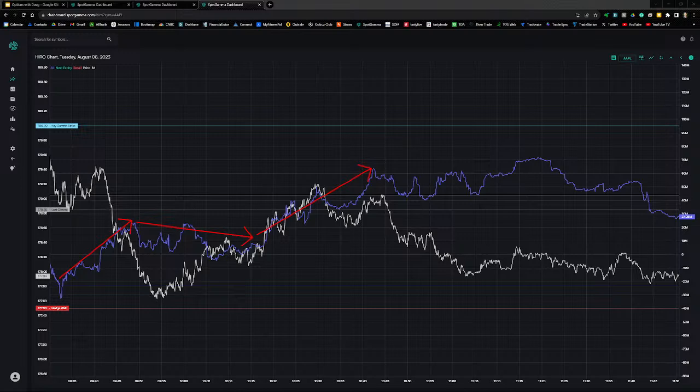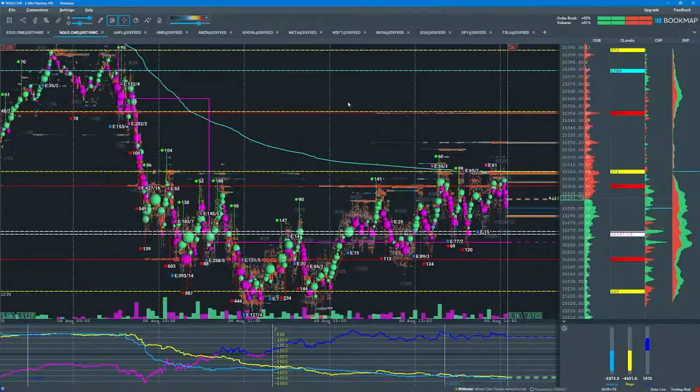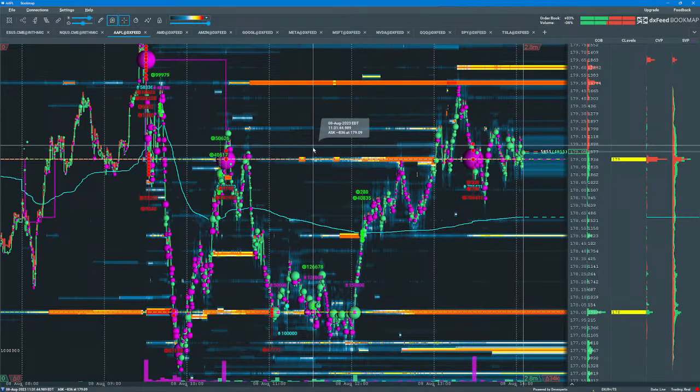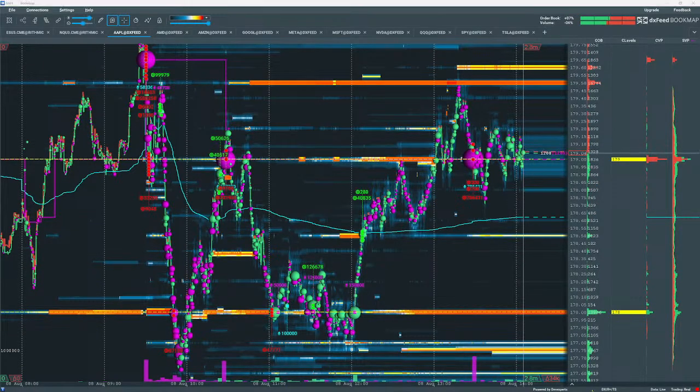Let's go take a look at Bookmap. Let's go to Apple. So here's the first divergence long. And price moved down.